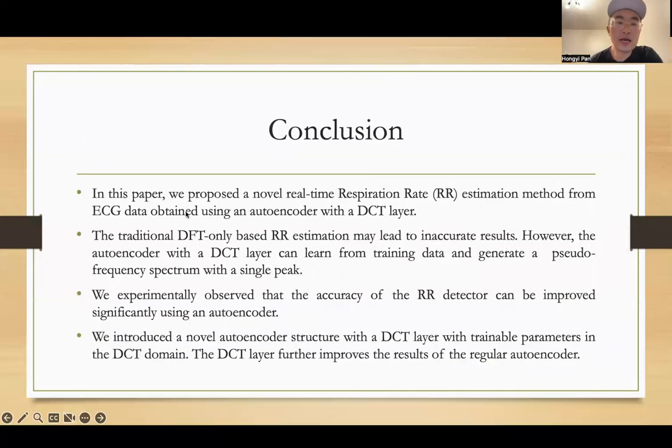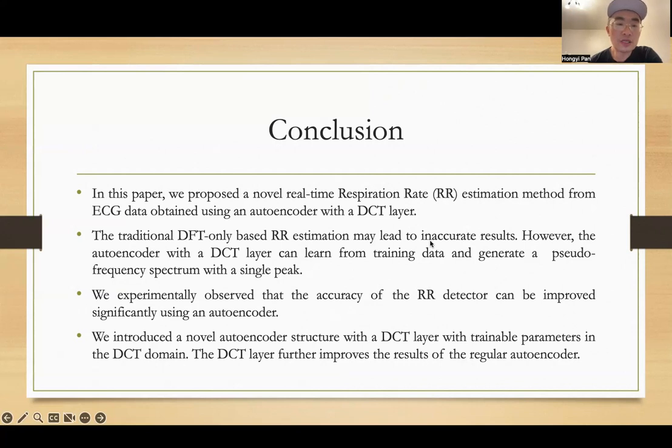In this paper, we propose a novel real-time respiration rate estimation method from the ECG data obtained using an autoencoder with a DCT layer. The traditional DFT-only based respiration rate estimation methods may lead to inaccurate results.